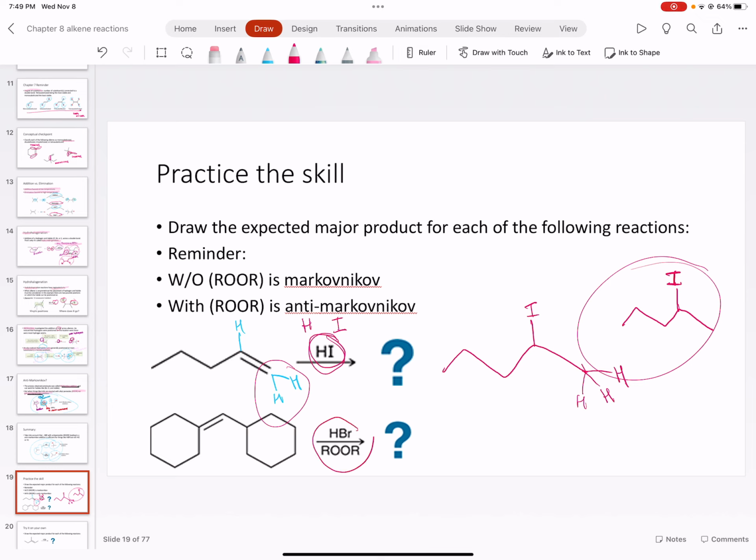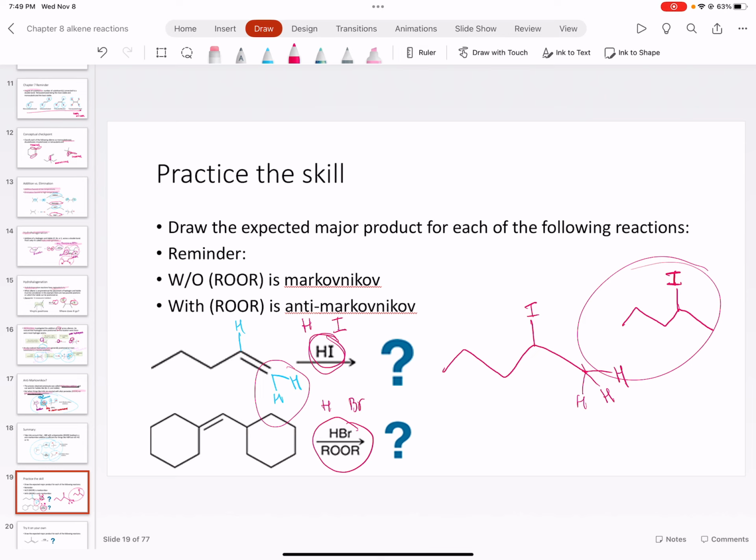Well, in here we have HBr, so that means we're going to add H and Br, but we have peroxide, so we will get an anti-Markovnikov reaction.